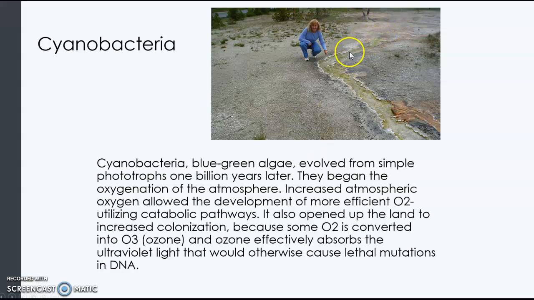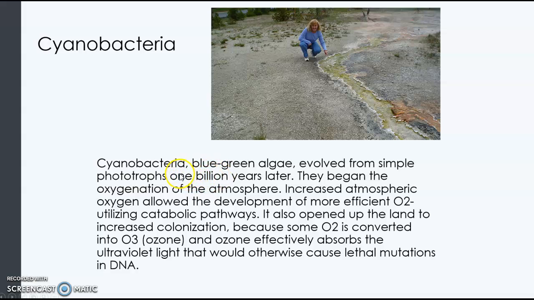Now, what you're looking at is cyanobacteria, which is kind of a greenish color, and you can see it along the edge of this little pond. Cyanobacteria is also known as blue-green algae, but it's not technically algae, because algae have eukaryotic cells.